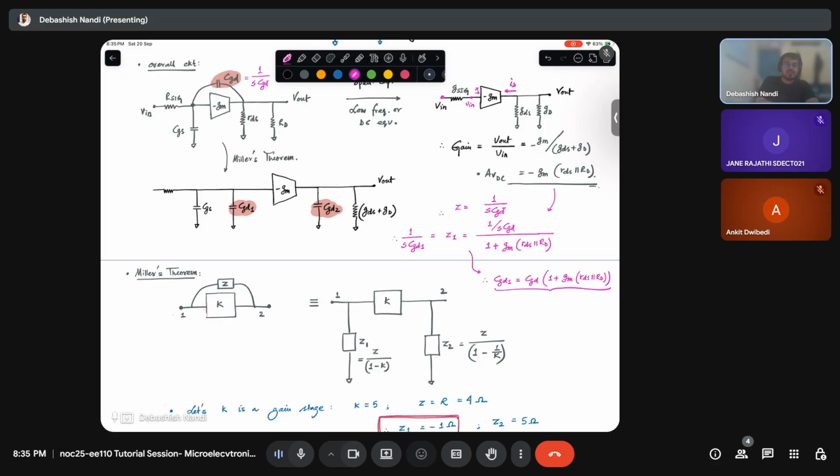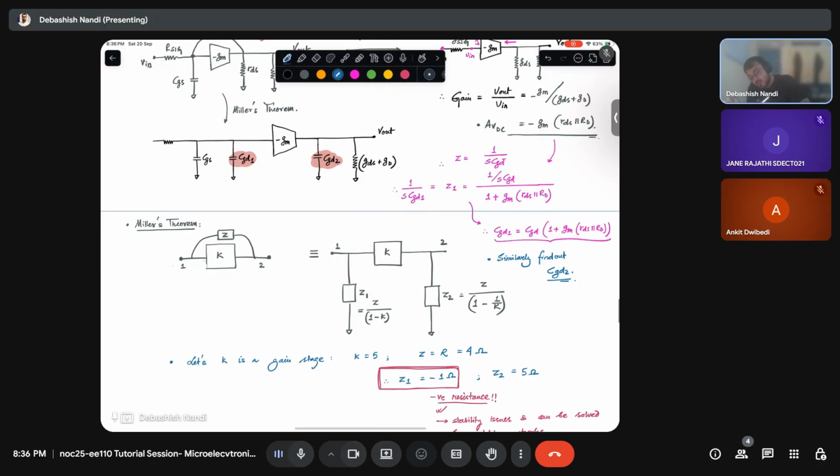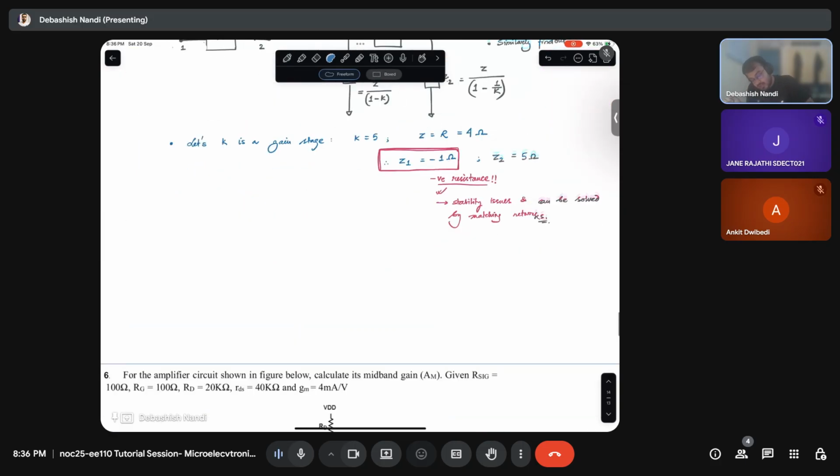Similarly, you can find out CGD2. Fine. Now you have all the tools to calculate the bandwidth.